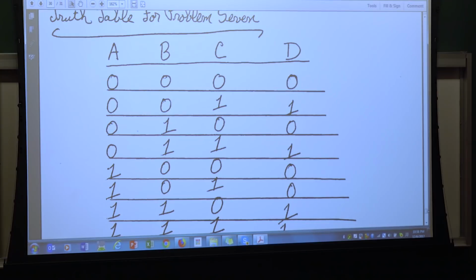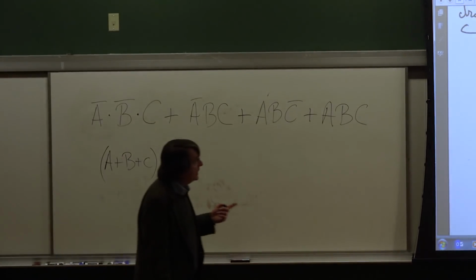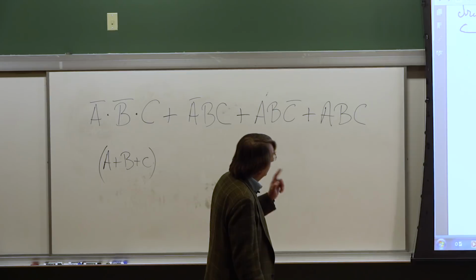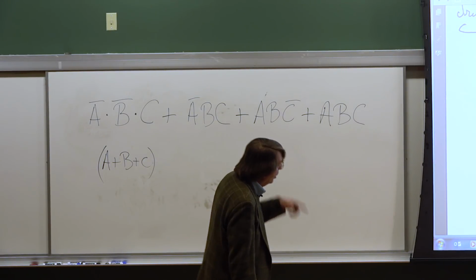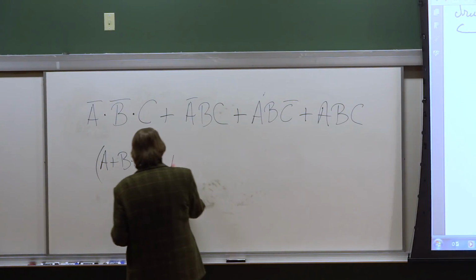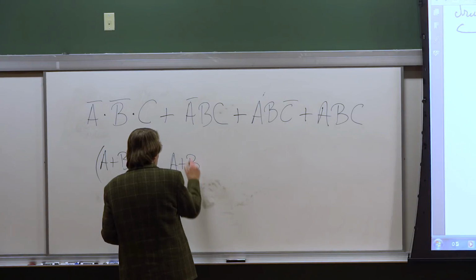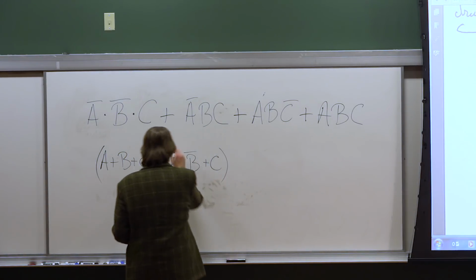Go down to the next row. Now, go to the next 0. Now, make sure I don't make a mistake. A or not B or C.